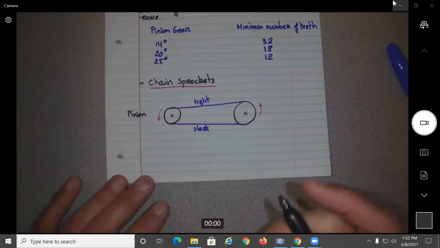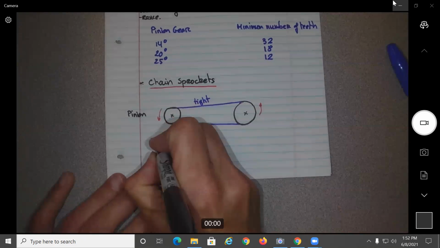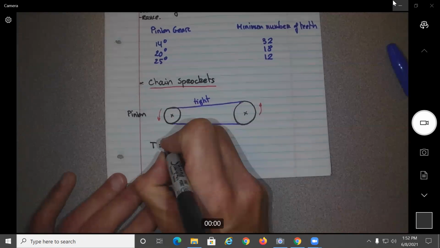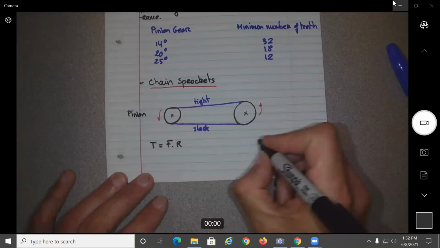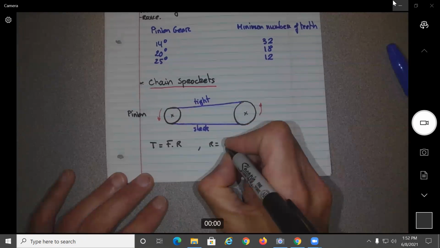We did see before that moment, or torque, is force times the radius. So here R is radius.